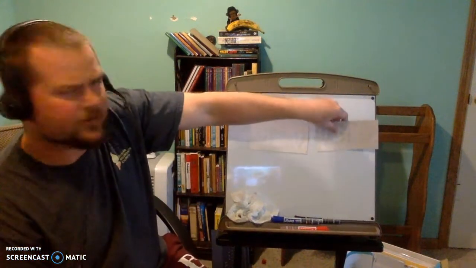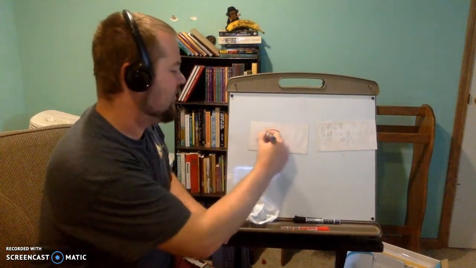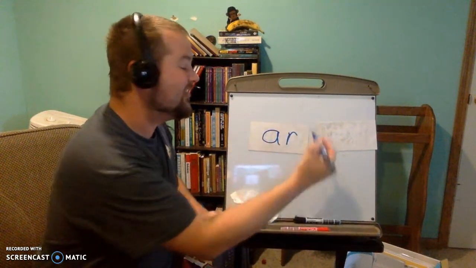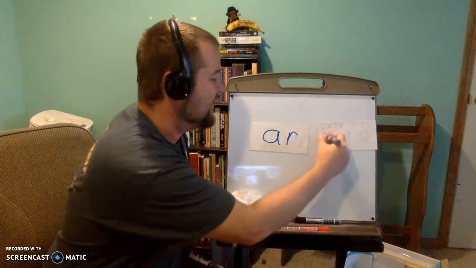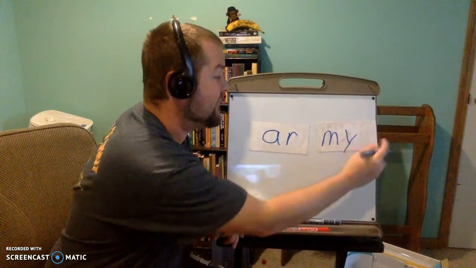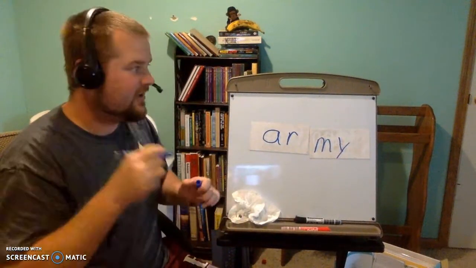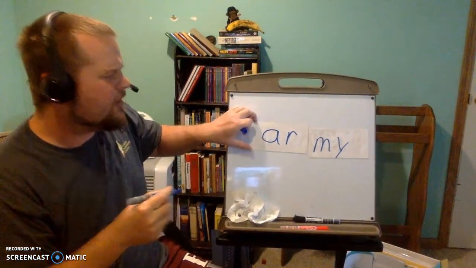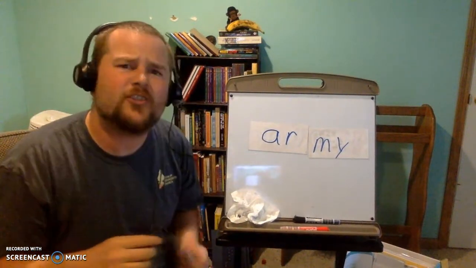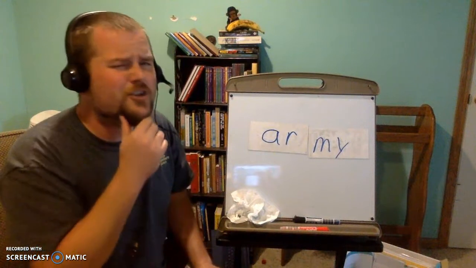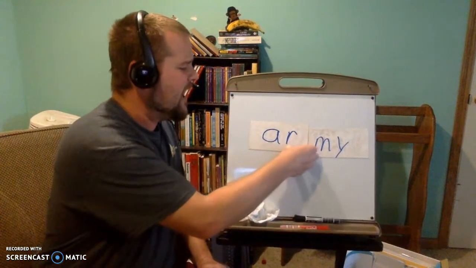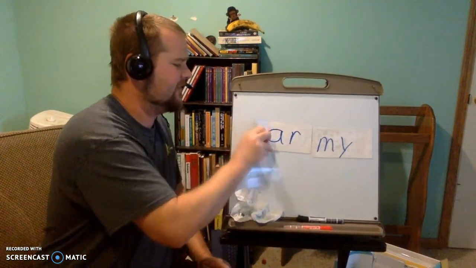So how do we know where to divide the syllables? I will show you. First syllable is R. Second syllable is me. Like this, because we have Y baby E, it's 2 syllables. Okay, now, when we have an R-controlled syllable, then we usually divide the word after the R, like this.